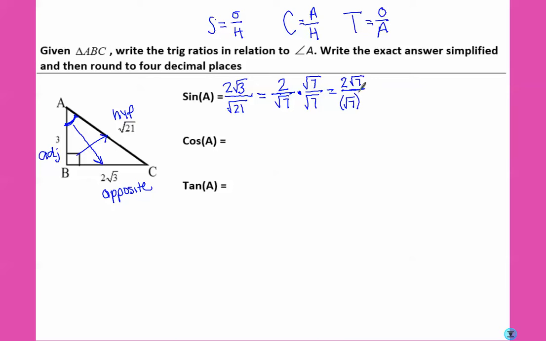If we're multiplying it by itself, that would be squaring. If you recall from last class, square and square root undo each other, so we would be left with 2 square roots of 7 over 7.